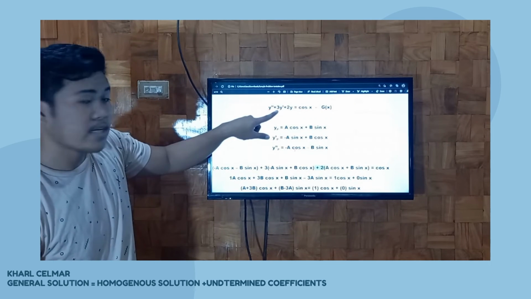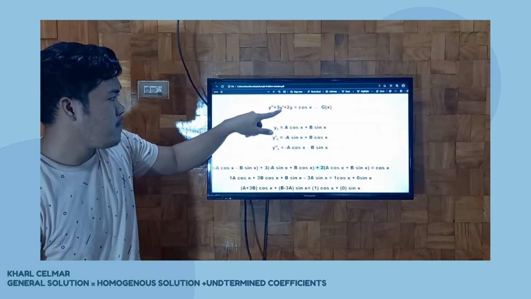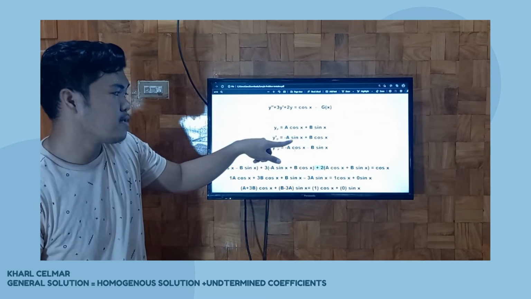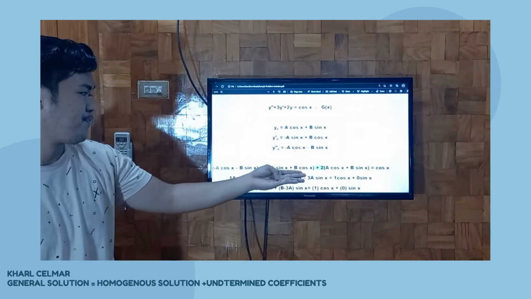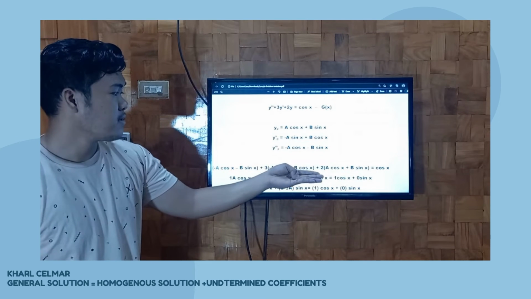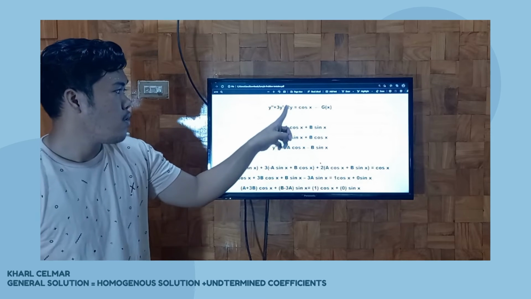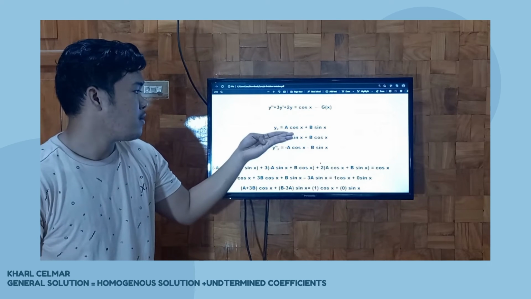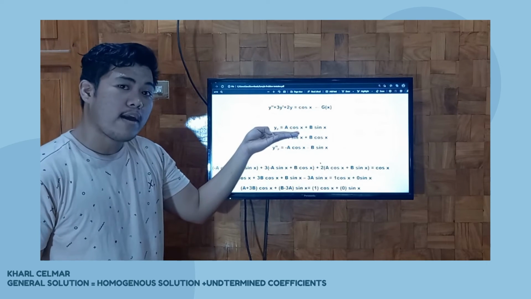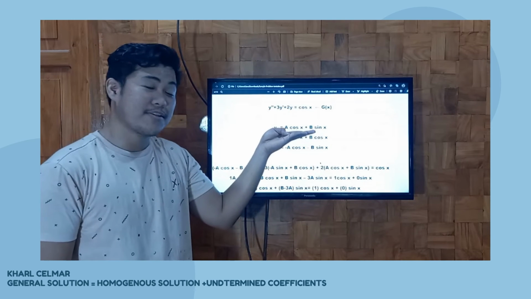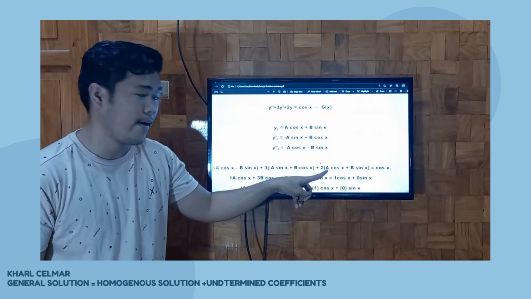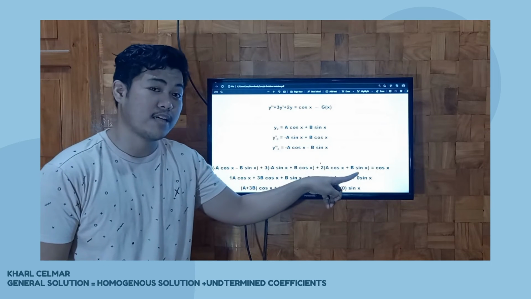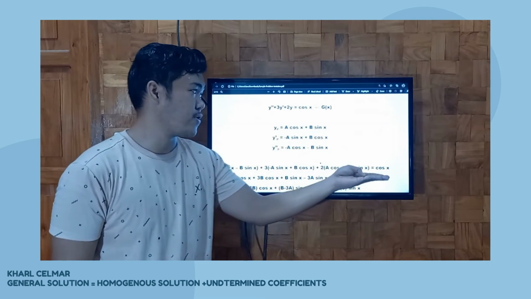Plus 3 times y prime, which is negative a sine x plus b cosine x. Plus 2y, where y is equal to a cosine x plus b sine x, so 2 times the quantity a cosine x plus b sine x, is equal to cosine x.